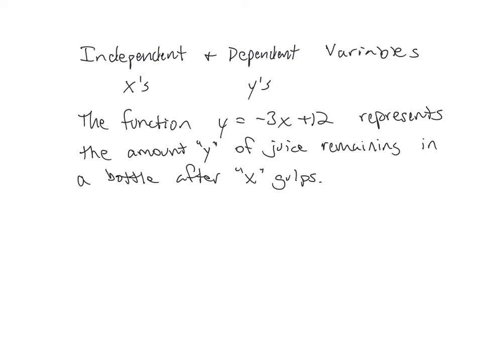Suppose you can't take an infinite amount of drinks because eventually the liquid would be gone. But you have a choice in the matter. It's independent. I could take 2, I could take 5, I could take 20 small drinks, doesn't matter. You have a choice. Dependent is how much liquid is left in the bottle. How much liquid is left depends on your choice of how many drinks you're going to take.